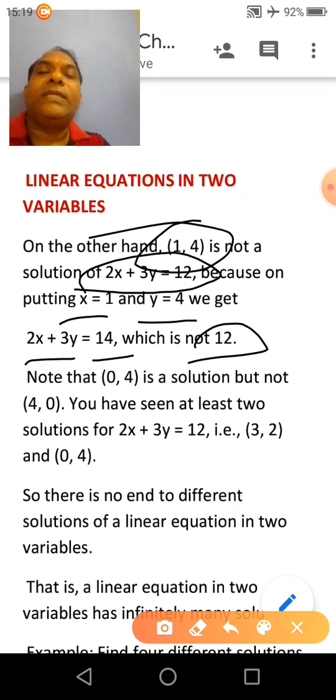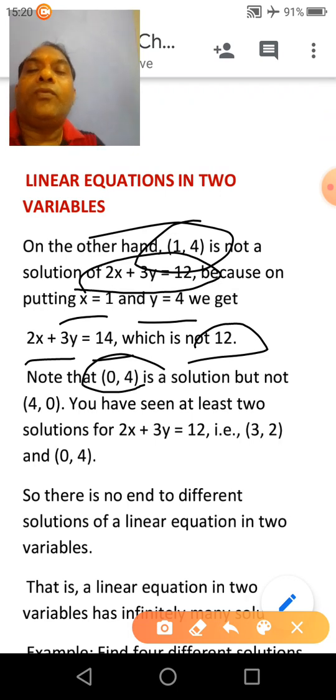Note that (0, 4) is a solution, but not (4, 0). So (0, 4) is a solution because if you put x is equal to 0 and y is equal to 4, then you have 2x plus 3y is equal to 12. But if you put x is equal to 4 and y is equal to 0, then 2x plus 3y will be equal to 8.